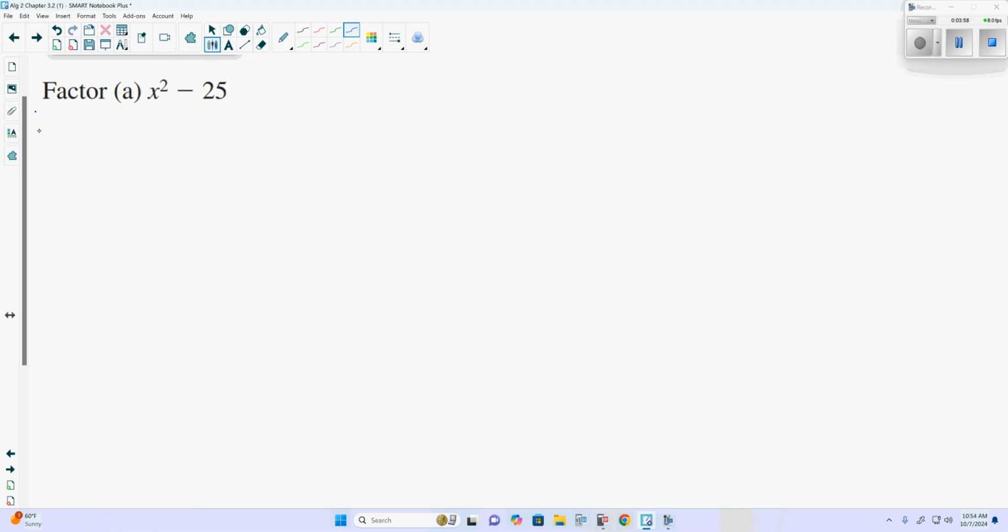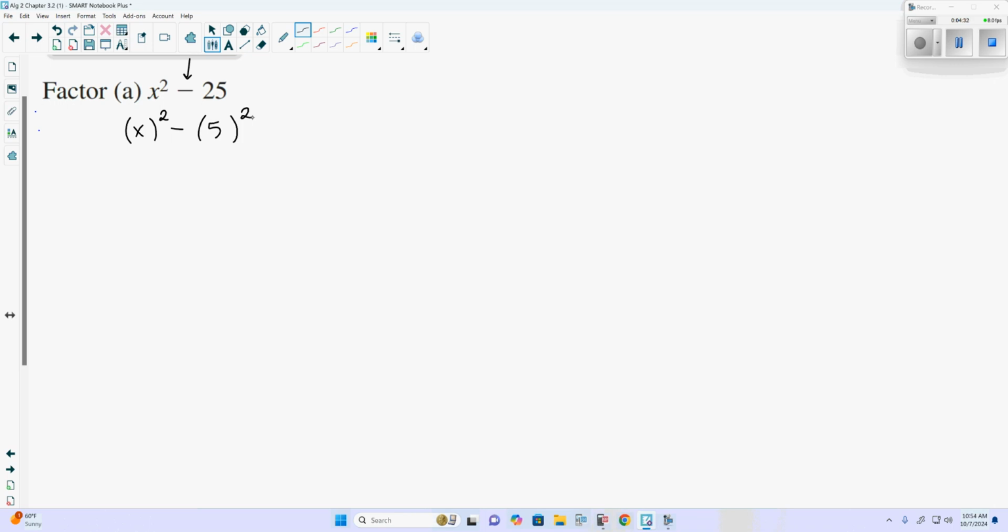So if we look at this first one here, x squared minus 25, we do have a difference because there are two things being subtracted. Now the question is, are they perfect squares? x squared is x squared, because x times x gives us x squared. What times itself is 25? 5. So we could rewrite this as x squared minus 5 squared.